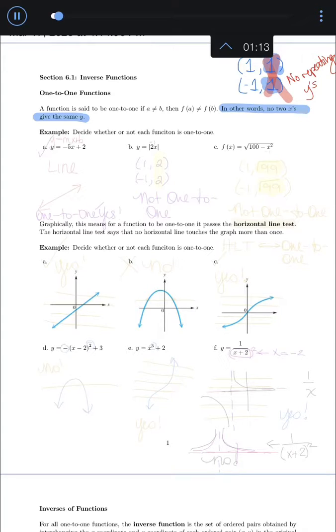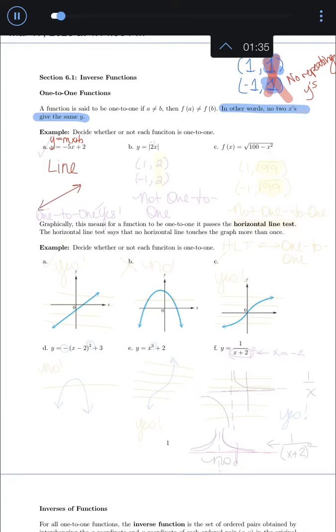Okay, let's look at our first function here in A. Well, if you actually think about what A is, it's actually a line. Notice it's in slope-intercept form, y equals mx plus b.